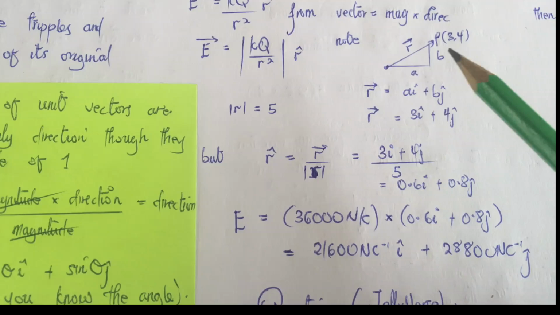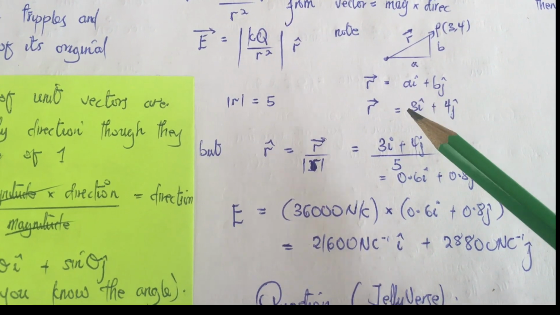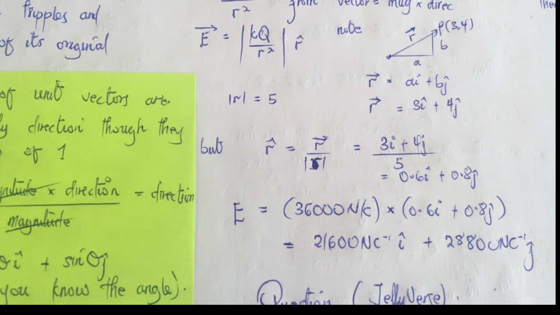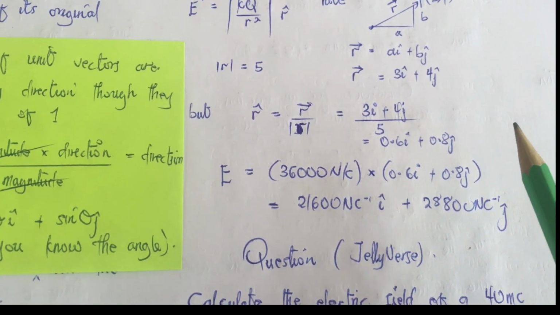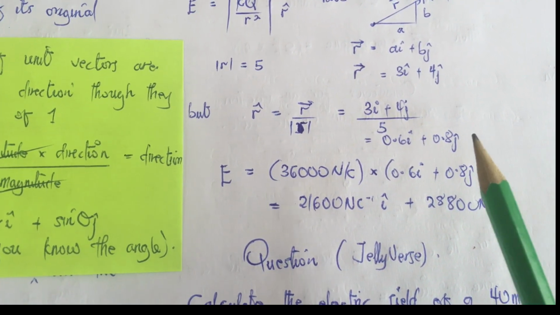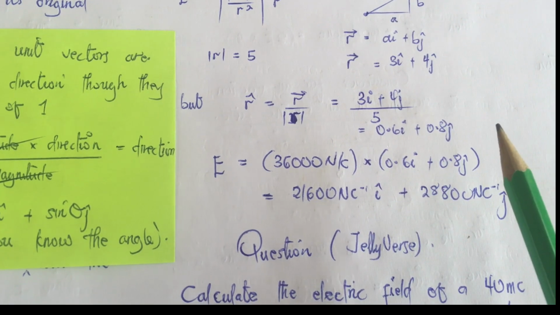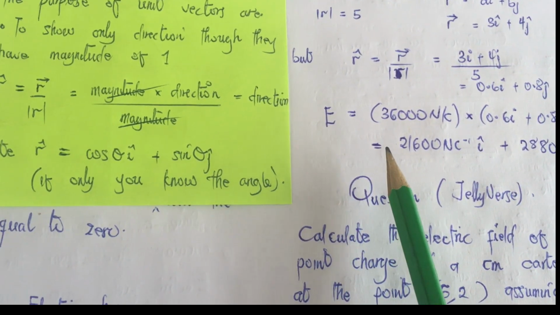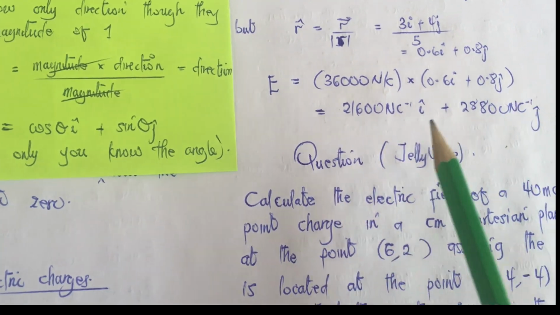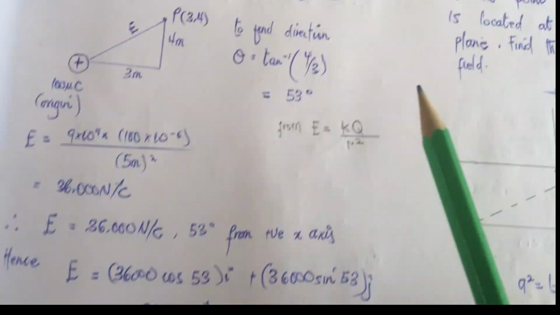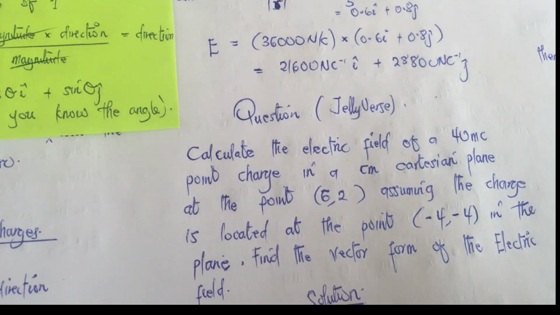After calculating the magnitude r from Pythagoras theorem, which is 5, just divide your vector by the magnitude. You get 0.6i plus 0.8j. Then this is the magnitude of the electric field, multiplied by the unit vector, and you get the same value as obtained before. So there are two alternatives you can go about.